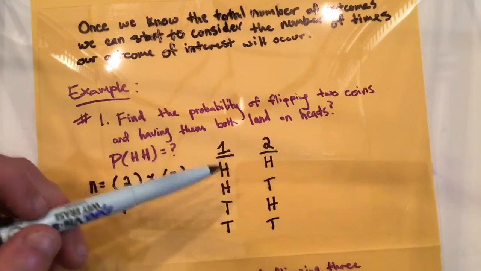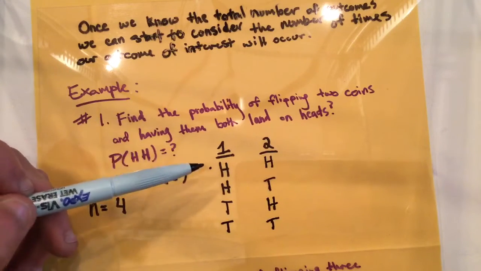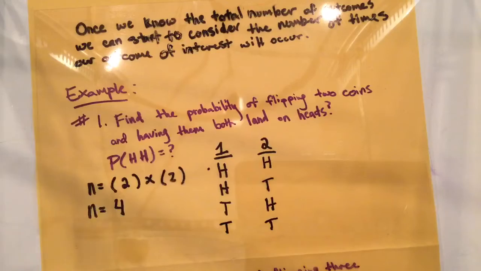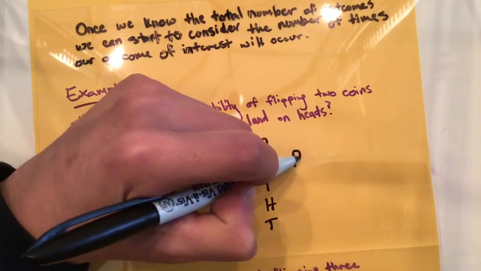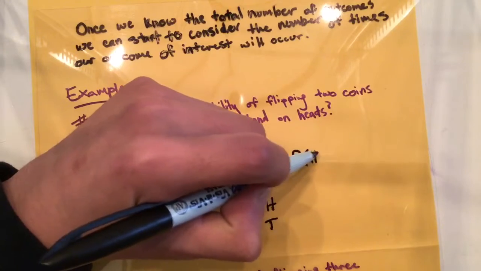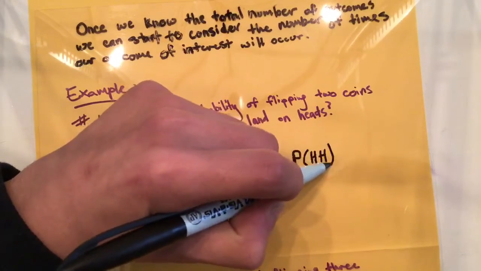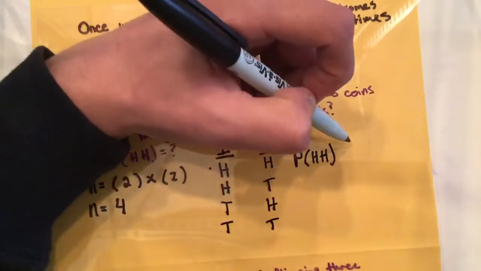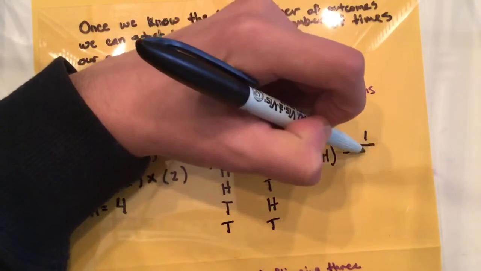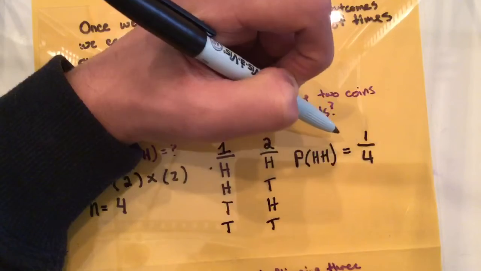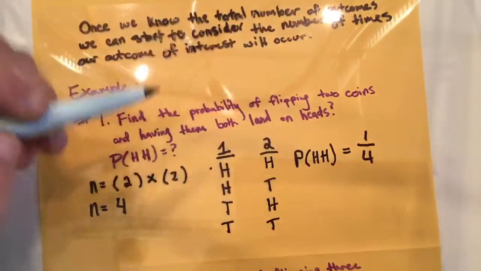If we look at these, out of the 4 possible outcomes, we have one of them that is landing with heads, heads. And so the probability of getting both the coins to land on heads is equal to 1 divided by 4, because there's 1 possible outcome out of the 4 total.